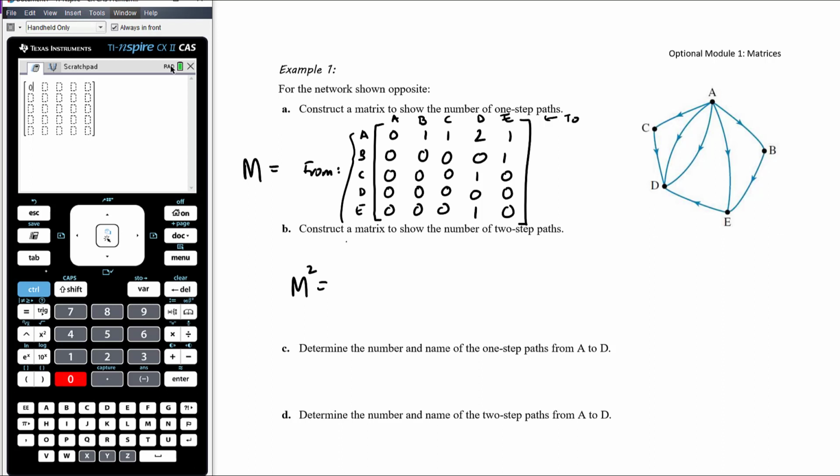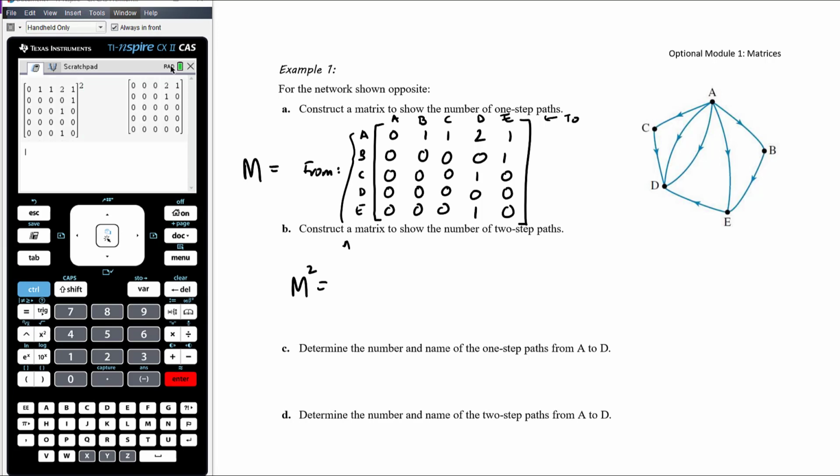We'll put our numbers in, so 0, 1, 1, 2, 1, 0, 0, 0, 0, 1, 0, 0, 0, 1, 0. All zeros in this row. And the bottom row we've just got a 0 and a 1 in the fourth column. Okay, so that's our matrix, and then we're going to square that to get the number of two-step paths.